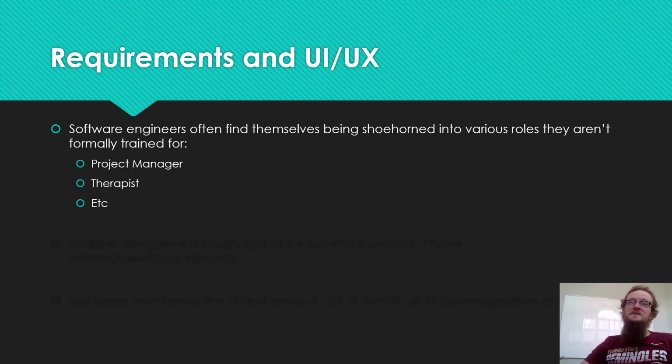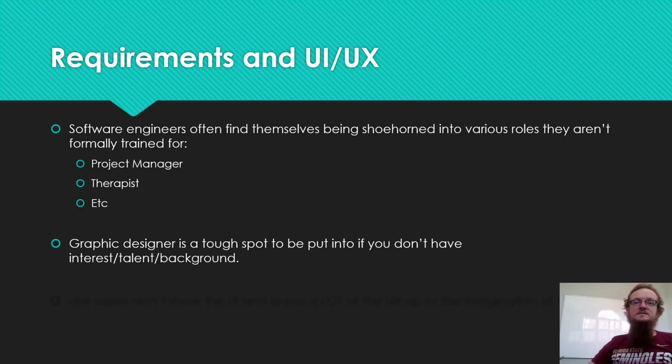We've talked about how you have to kind of be the client's therapist in order to pull out all of the information that they have about the system and why they don't like the system and how they do their job, etc. And you also kind of have to be a graphic designer in some cases, right? So if you don't have a dedicated resource for UI development, software engineers are kind of required to come up with the best estimate of what a UI should be. This class is going to show you that on the group project in a very real way.